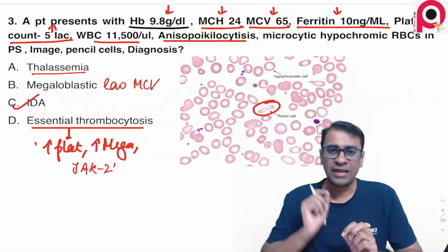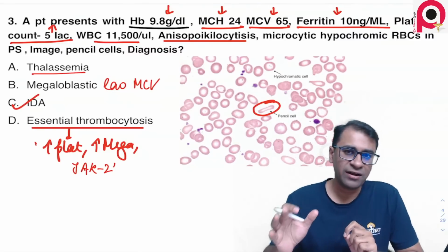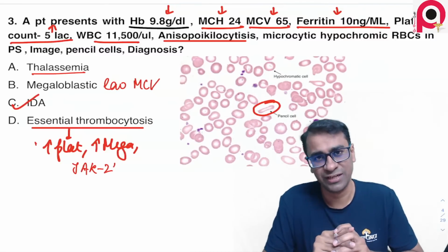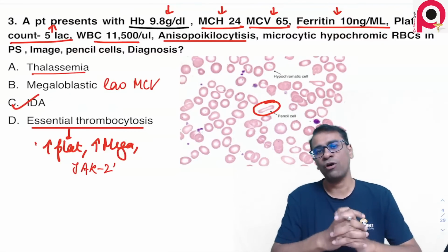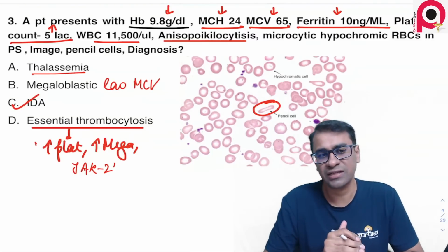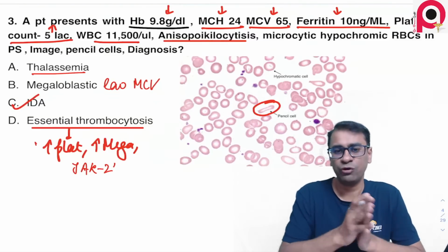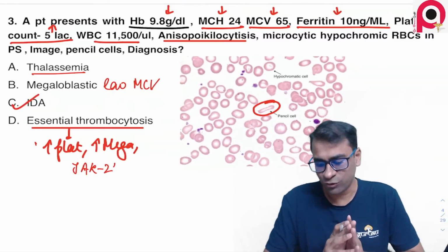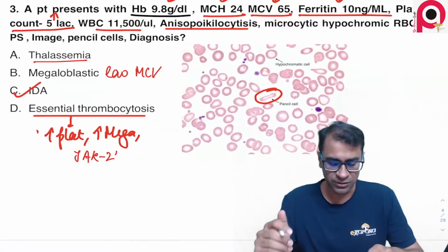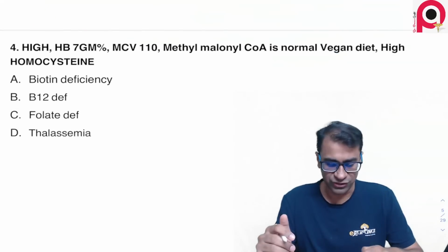So remember, thalassemia will have slightly higher ferritin, and that question was also asked in the second session of INICET yesterday. Again, I repeat, the answer is iron deficiency anemia because of low MCV, low MCH, and surely some pencil cells being seen here.